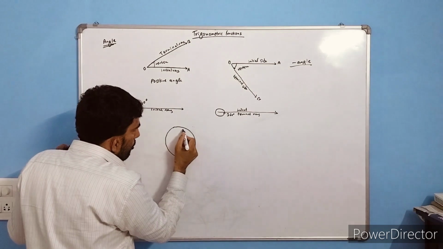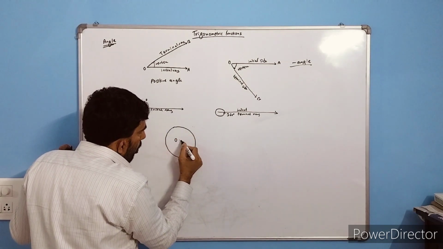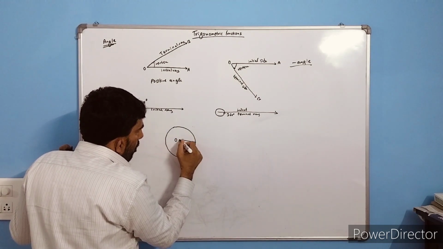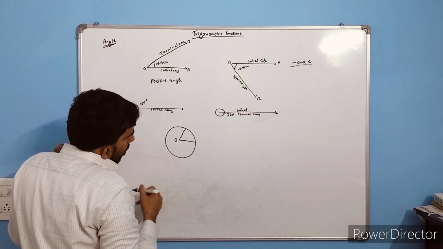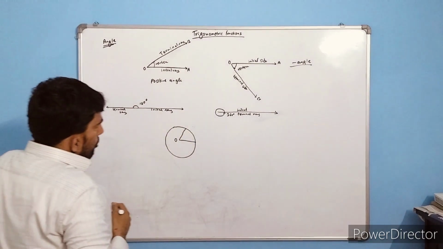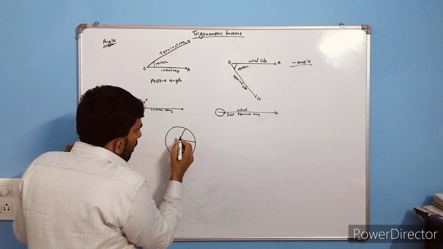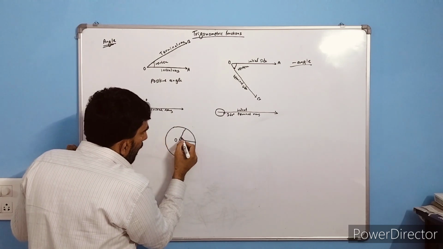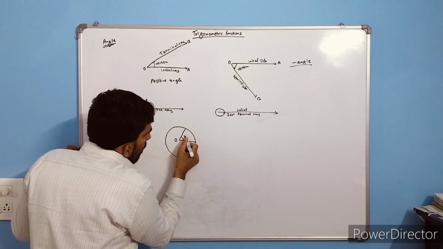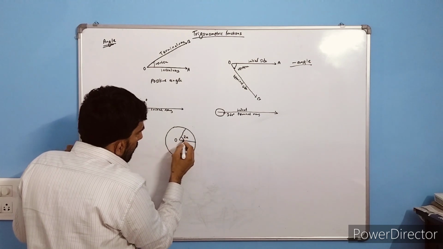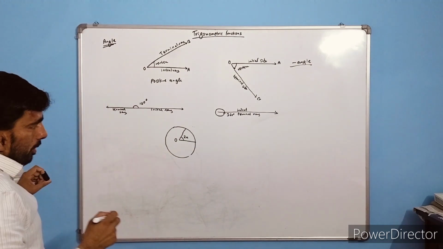Now let's take its center O. When a circle is made at the center O, the angle in radians, that is 2 pi, makes a total angle of 360 degrees.